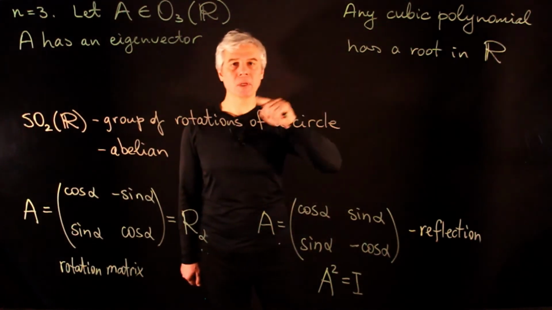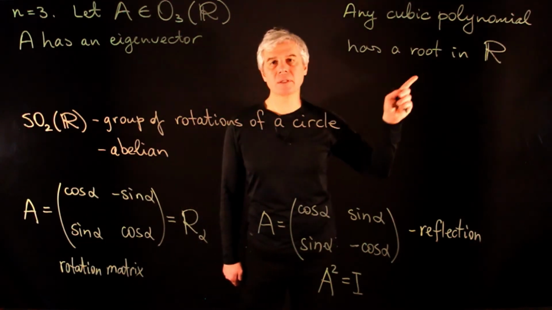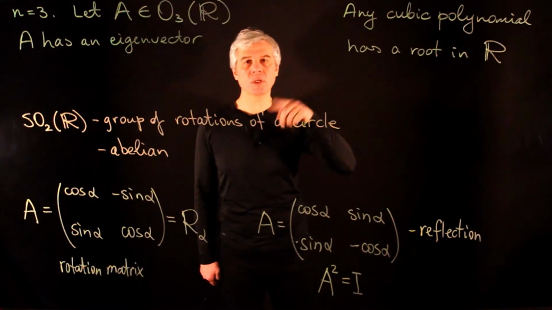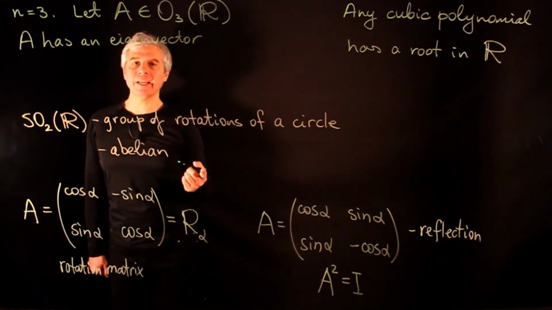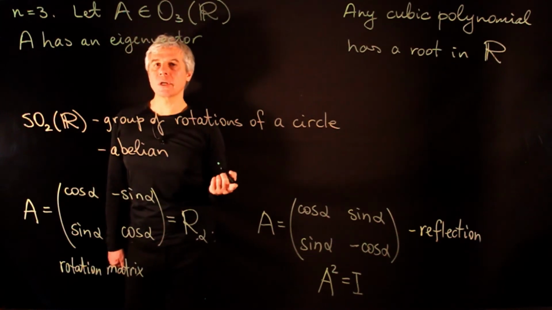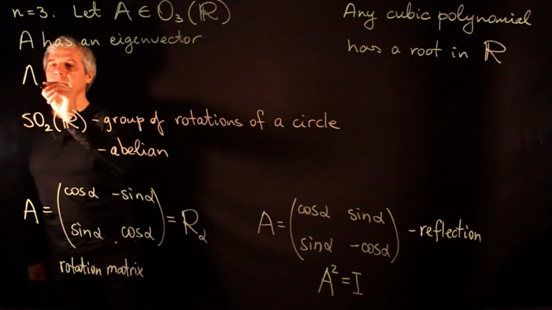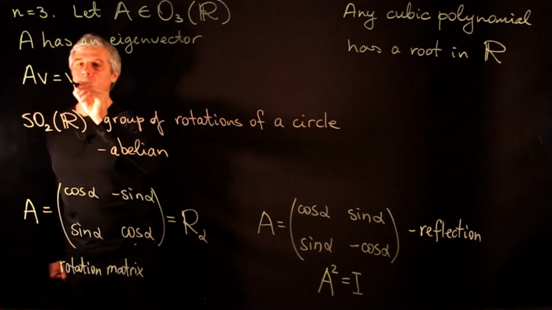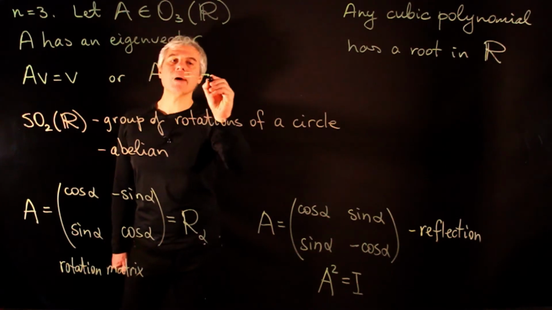Simply because at -infinity it will have one sign, and at +infinity it will have an opposite sign, so in between there will be a root. And we proved that the real eigenvalues of orthogonal transformations could be either +1 or -1. So we must have a vector such that AV is equal to V, or AV is equal to -V.